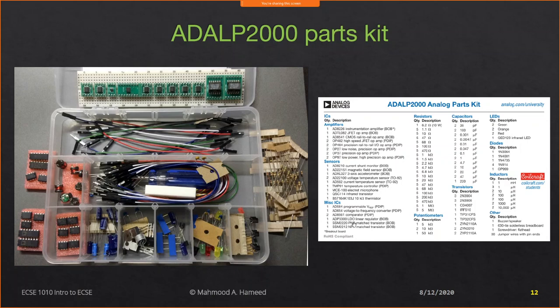It has capacitors, transistors, inductors, light emitting diodes, op amps. It has a lot of components that you will need for intro to ECSE, as well as circuits and intro to electronics later on in your ECSE career. So buy this, keep it safe. Or if you are getting things from the RPI bookstore, pick it up from the RPI bookstore and keep it safe.